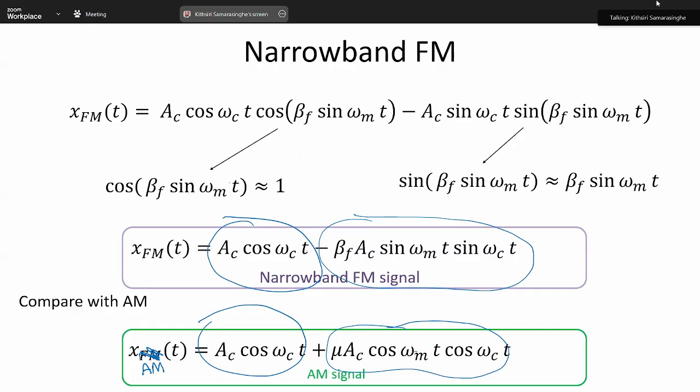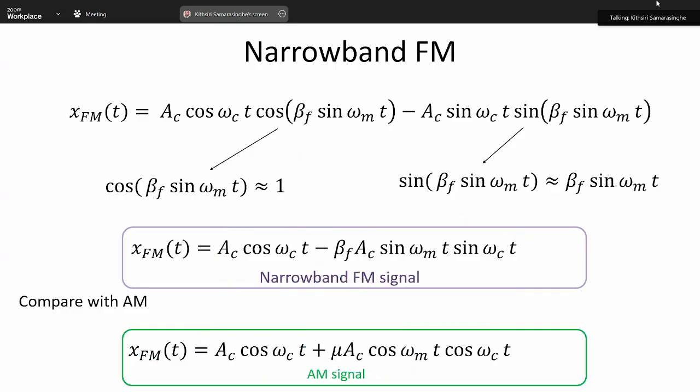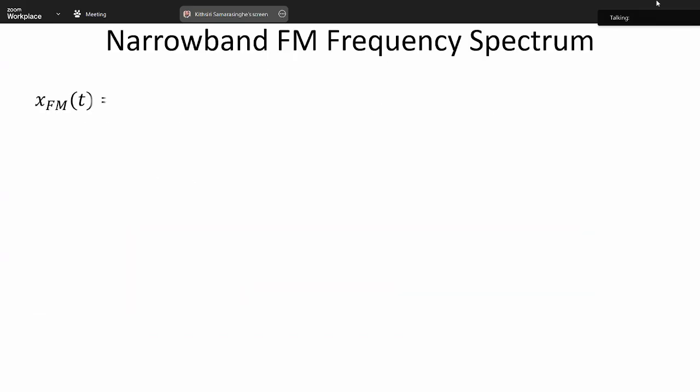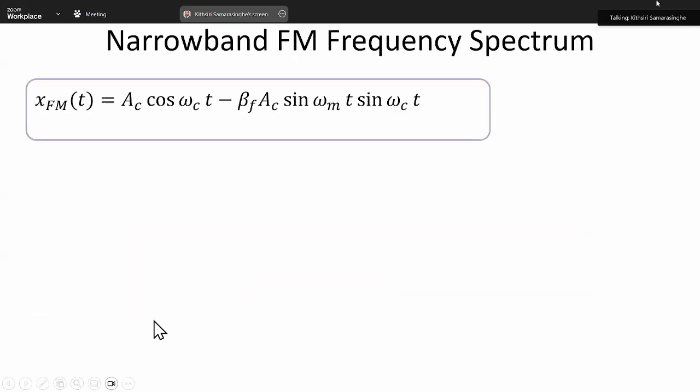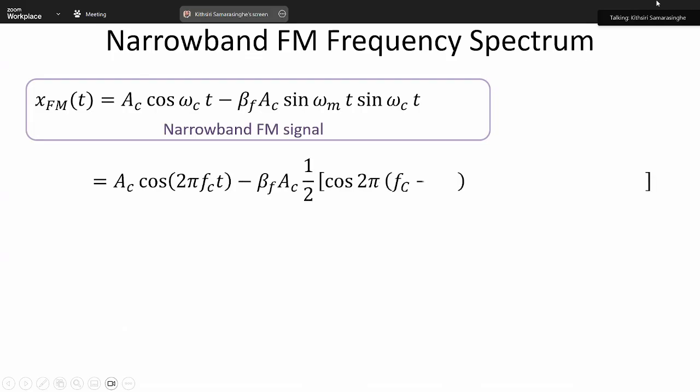Let us see the spectrum. Then we can understand the similarity better. So expand and get the spectrum. This is 2 sin A sin B expanded as cos(A minus B) minus cos(A plus B).